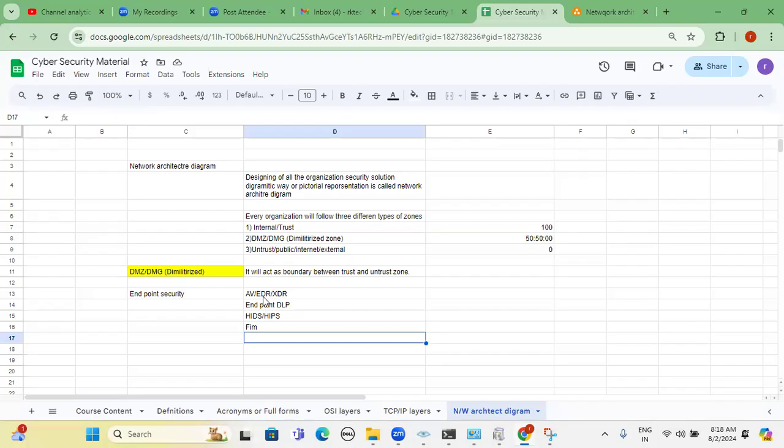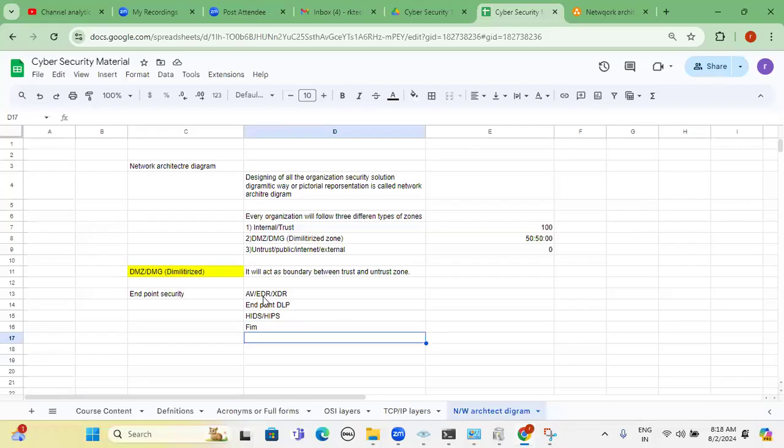This is for traceability from the internal employee point of view, and also from the attacker point of view: are any malware category attacks entering the organization? As per the cyber kill chain process, files are executing, installing the malware, and trying to compromise. That is the reason we have to take care of file integrity monitoring solutions as well. Dedicated to FIM also, we have a lot of vacancies.